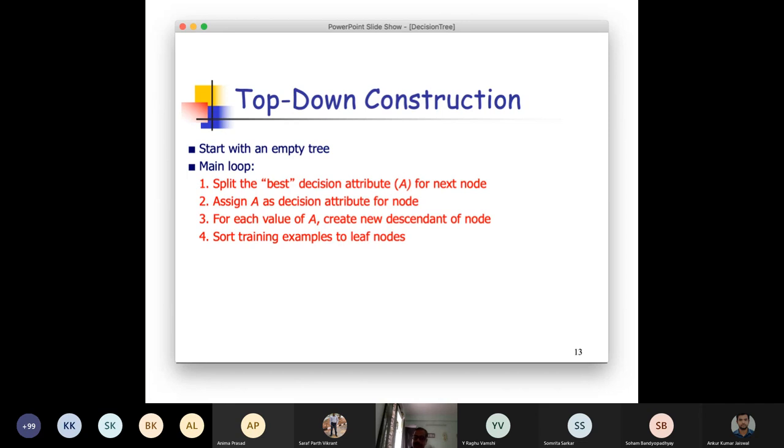Only those examples come under this scope, and then you check their labels. If the labels are uniform, all the same, then it's a pure node and it becomes a leaf node. If it is not, then again you go on selecting another appropriate attribute and go on doing these things. So this is what you do. If the training examples are perfectly classified, then you stop. Otherwise, iterate over new leaf nodes.